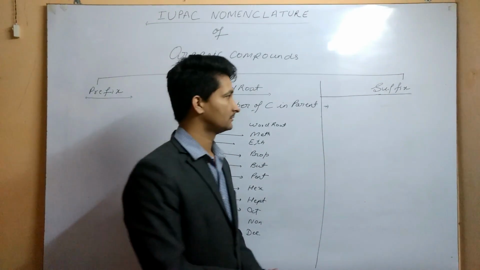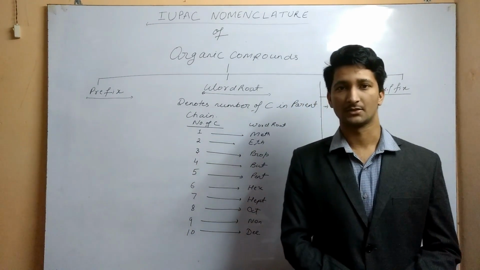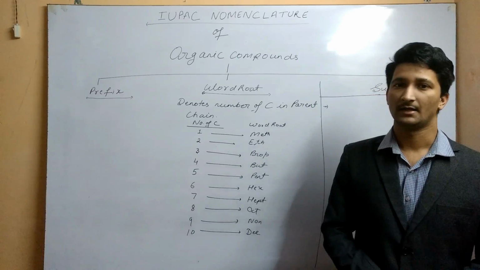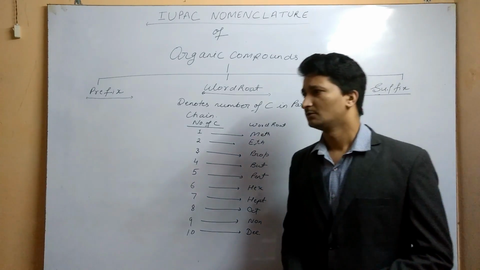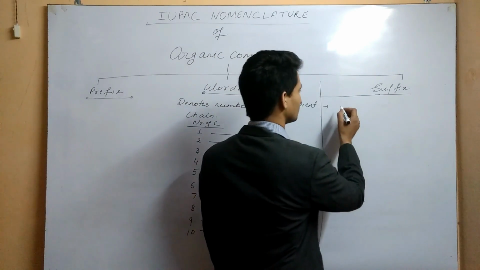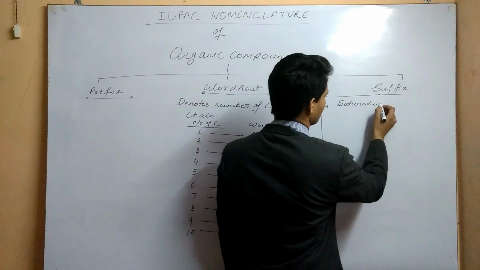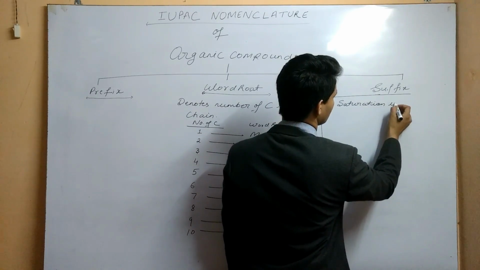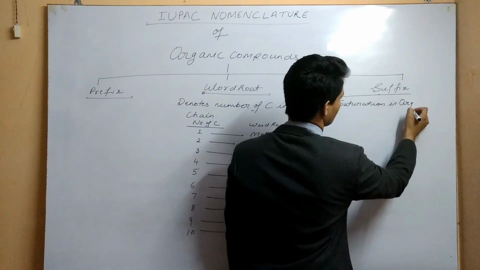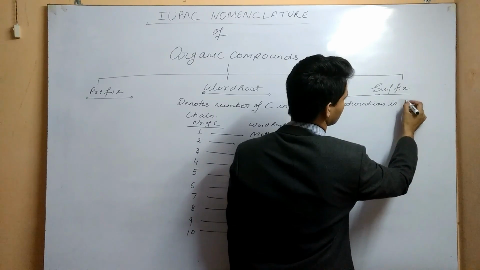In that case, we use the suffix ane and the compound is called alkane or alkane derivatives. So the suffix denotes saturation in the parent chain.